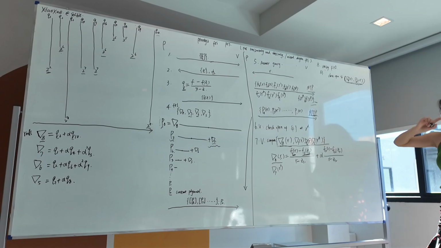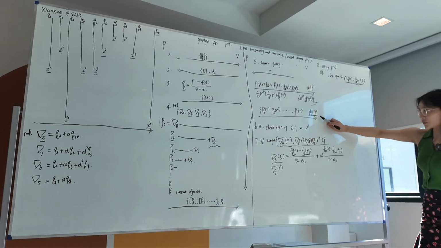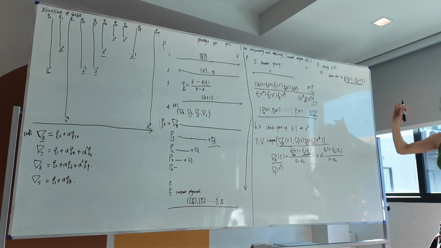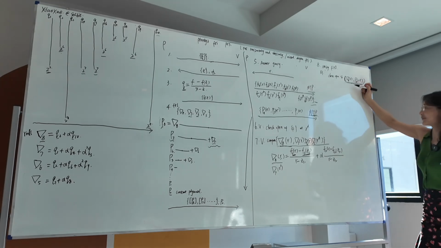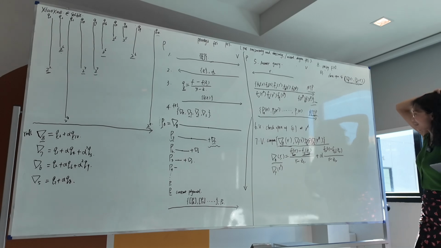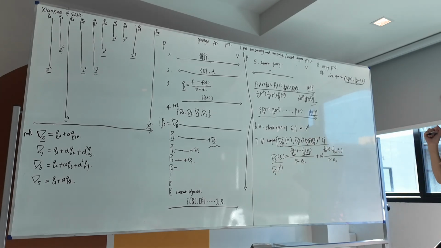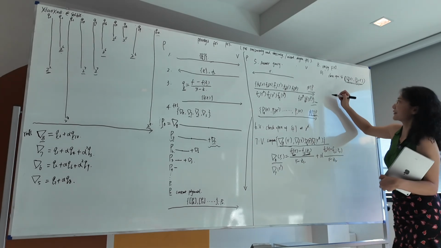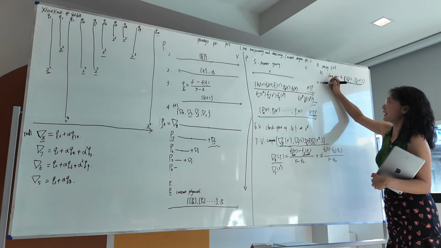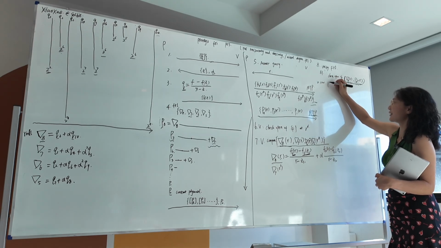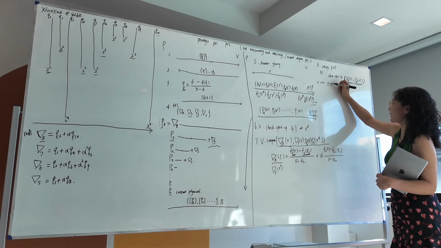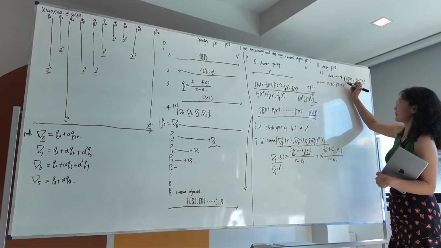Here, the Merkle tree path is of a row, and a row has two values, Px and P minus x.